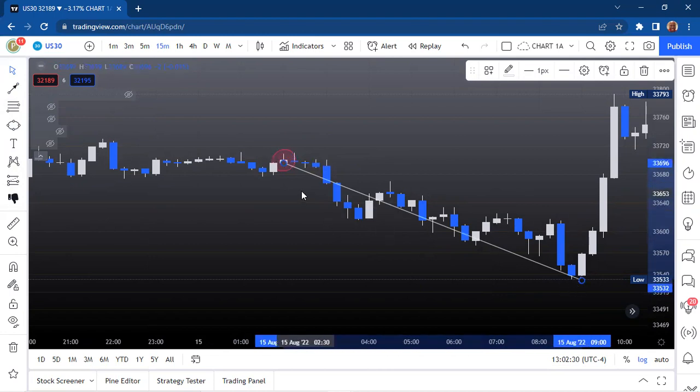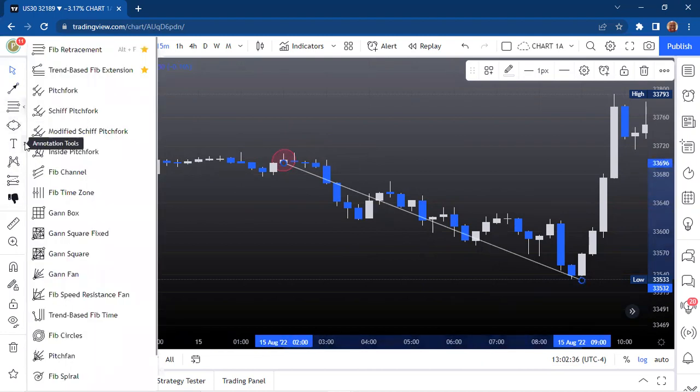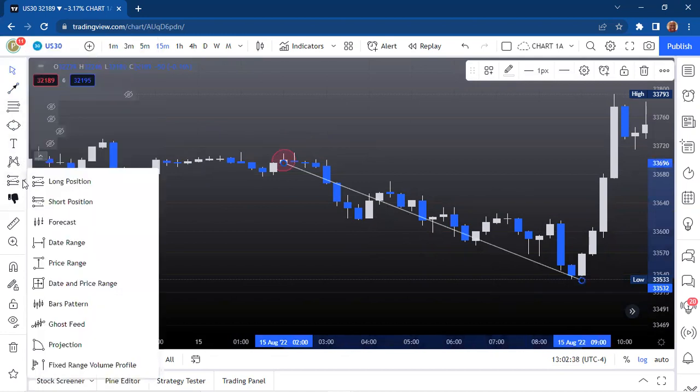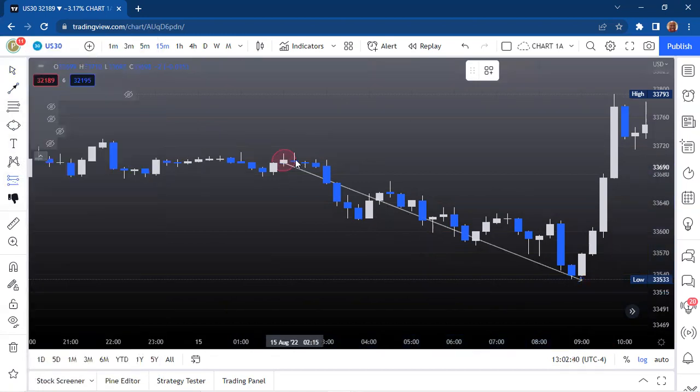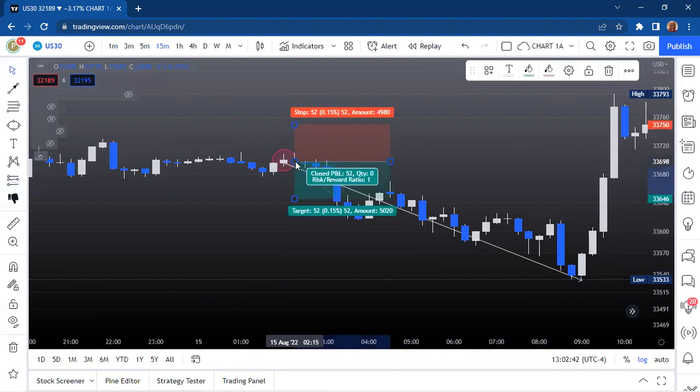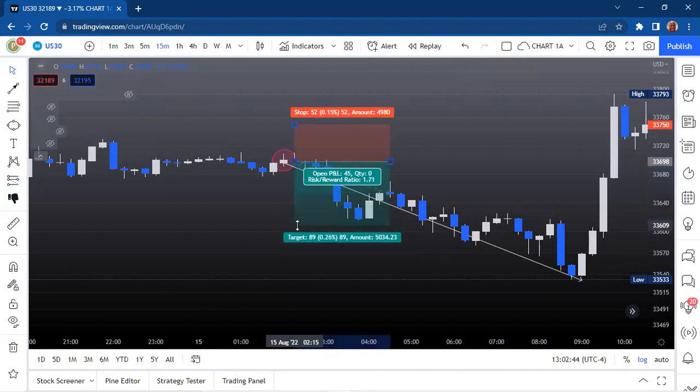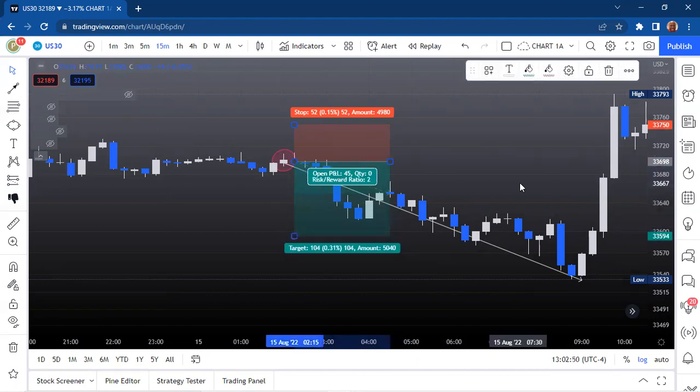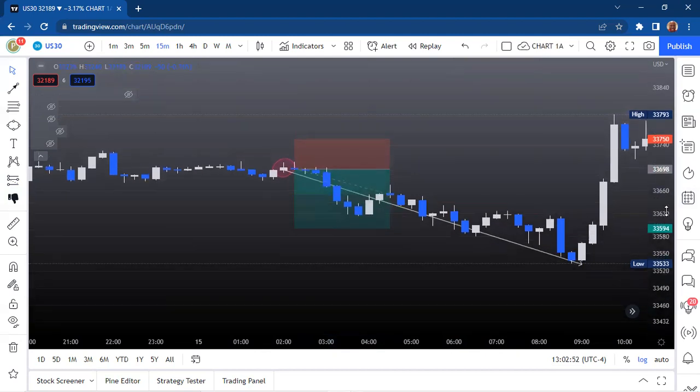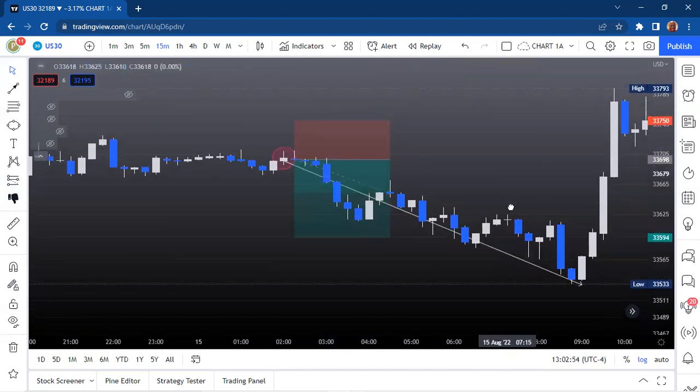Or a percentage of. If you did a ratio, let's put our ratio tool on here. Short position, got in on this candle, and we did maybe 1 to 2, right?